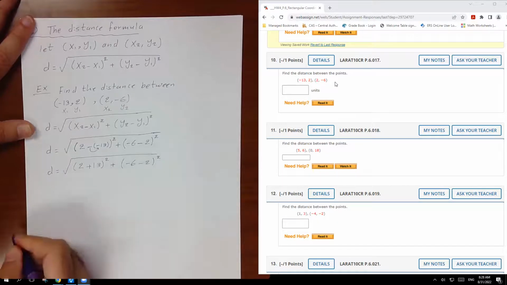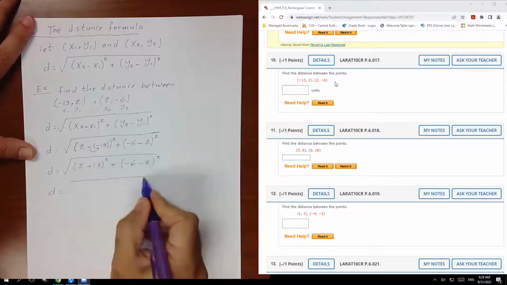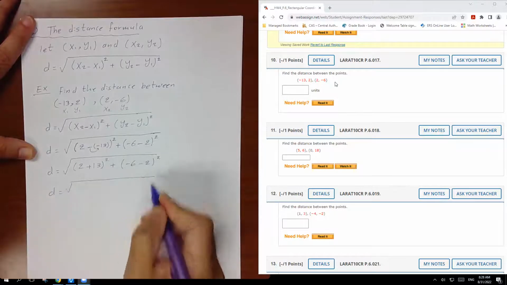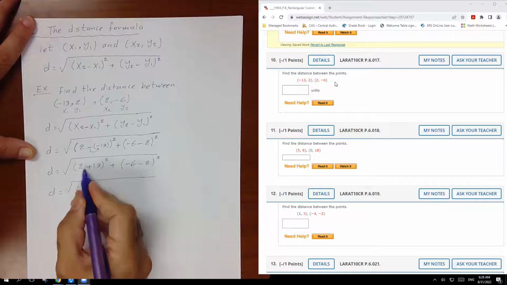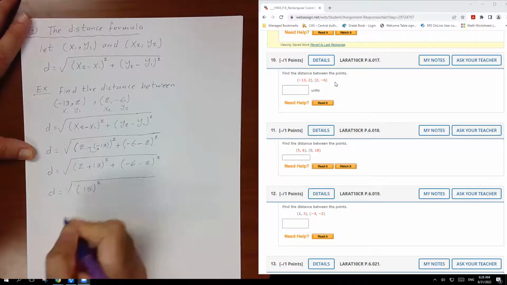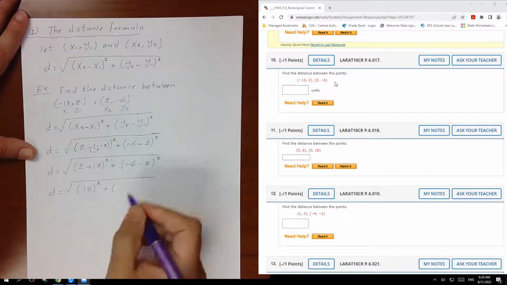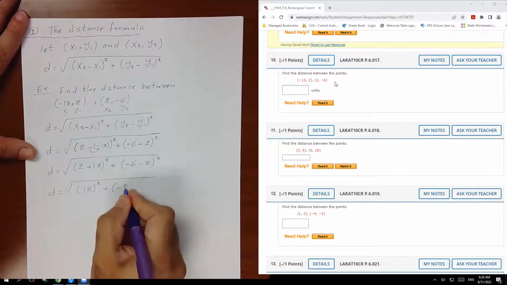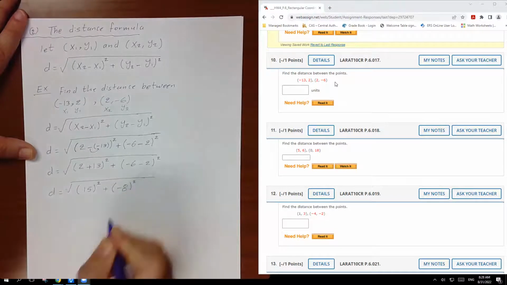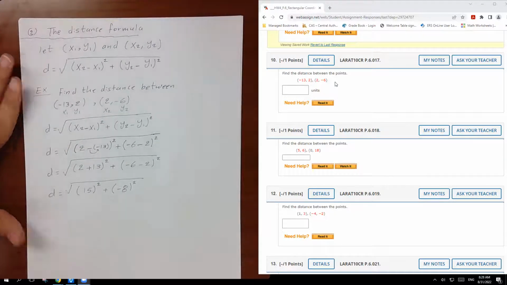Then next step, I'm going to add. You don't have to do these steps, I'm just showing you in detail. 2 plus 13 is 15 squared, plus negative 6 minus 2 is negative 8 squared. Now we're just going to square 2 numbers.